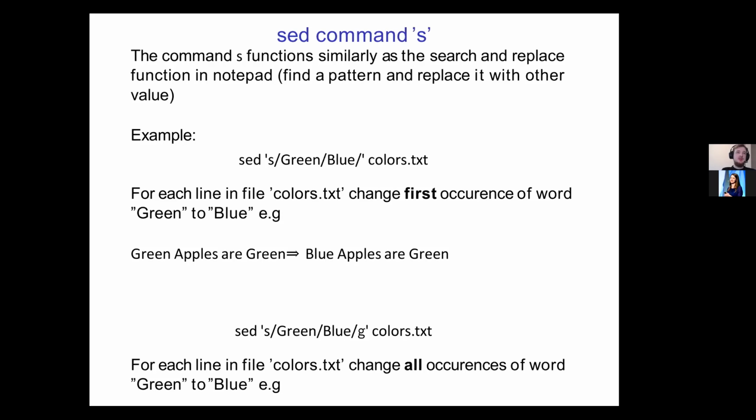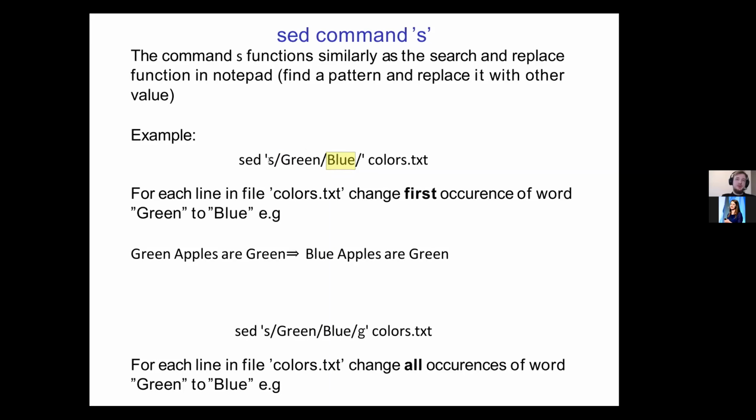So sed, as in Excel, is basically search and replace. I'm sure many of you have used Excel and searched for something and replaced it with something else. We type the command sed, option s. In the first field, we provide the value we want to replace, and in the second field, the value that we want to replace the first value with.